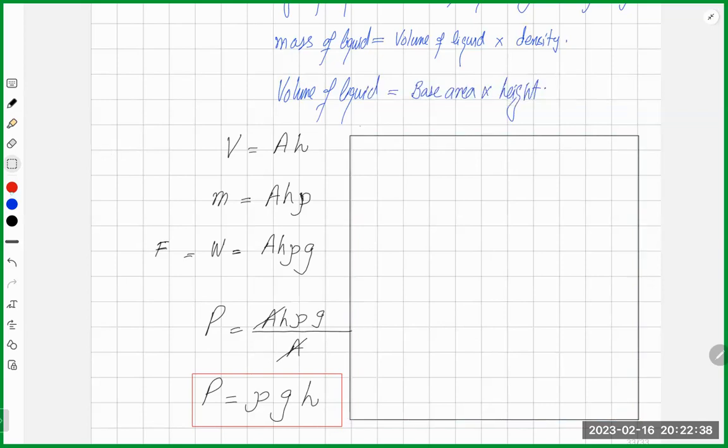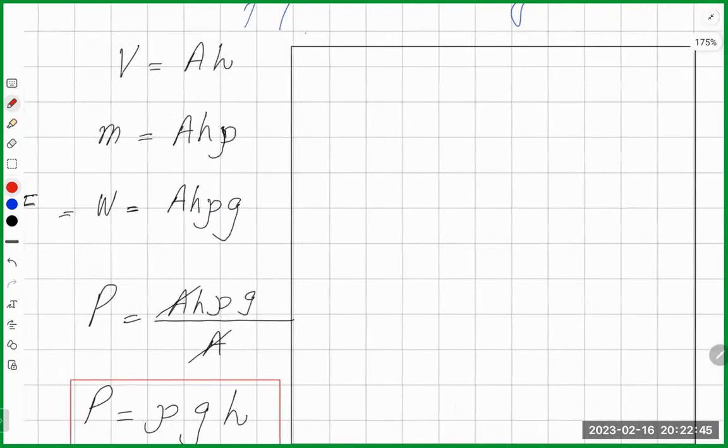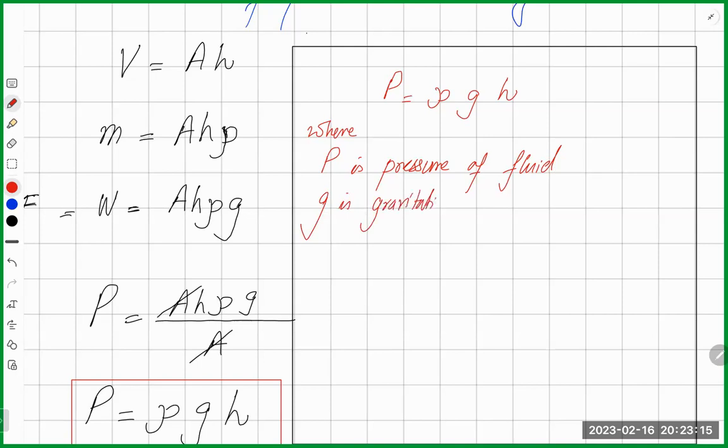Okay, now pressure equals rho g h, where P is not any pressure, but pressure of fluid. g is gravitational field strength.